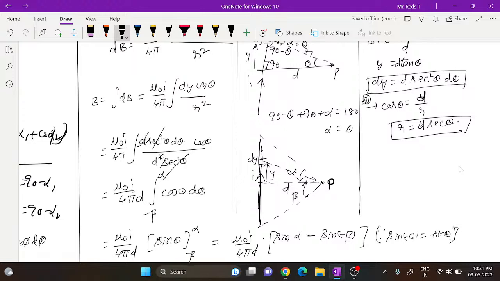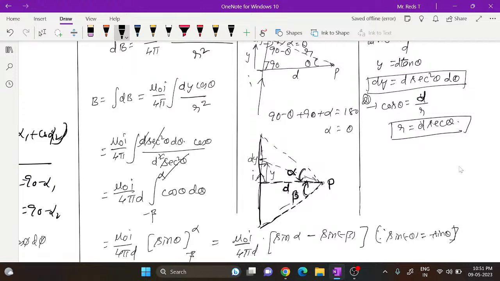So draw a perpendicular line from the point onto the conductor. Let us mark its distance as D. Draw a line from the top end onto the point, and the angle made by this with the perpendicular line we mark as alpha. Draw a line from the bottom end to the point like this, and mark the angle made by that line with the perpendicular line as beta.